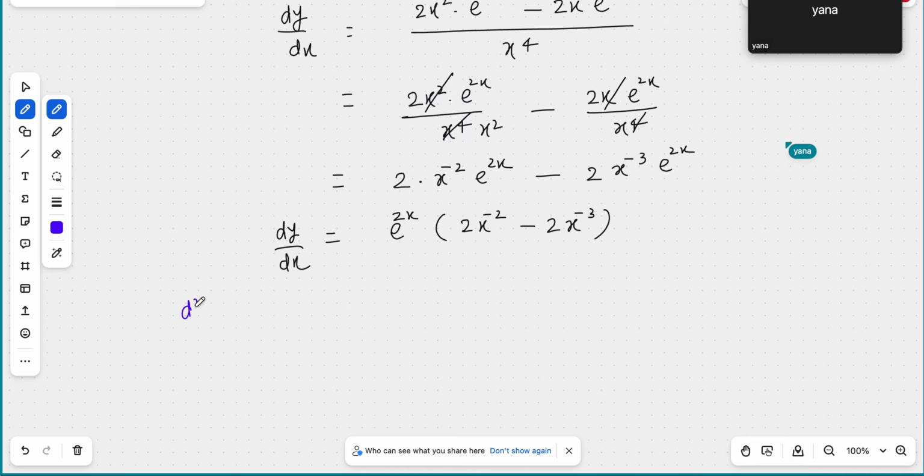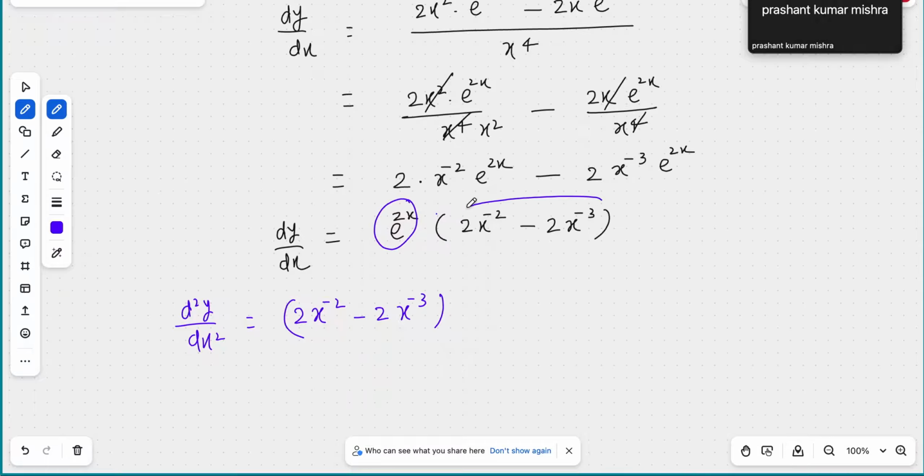So this will be d2y over dx squared. We can take this term out first: twice x raised to the power minus 2 minus 2 x raised to the power minus 3 is taken out. What is this? It is u and v, the product rule.